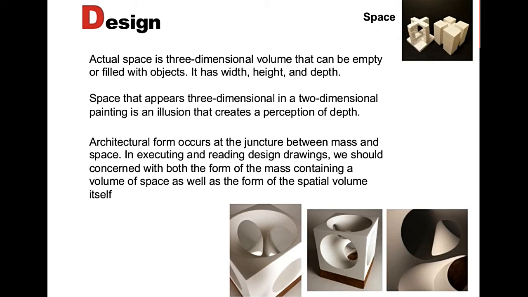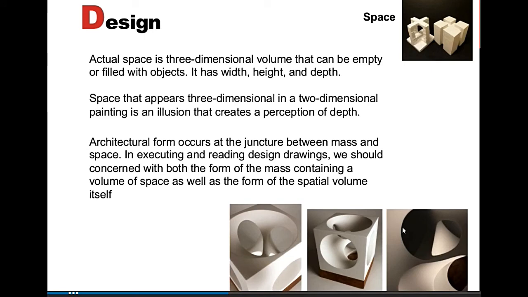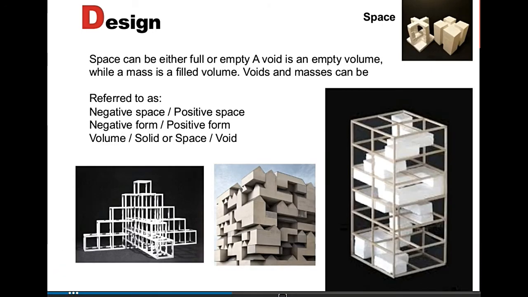In executing and reading design drawings, we should be concerned with both the form of the mass containing the volume of space as well as the form and spatial volume itself. Space can be either full or empty, a void or an empty volume.